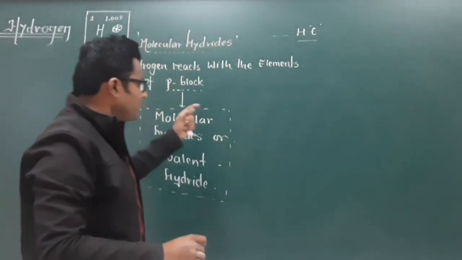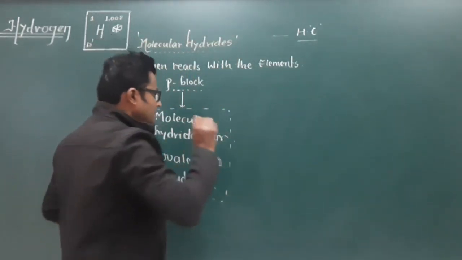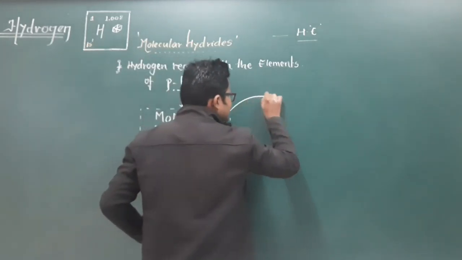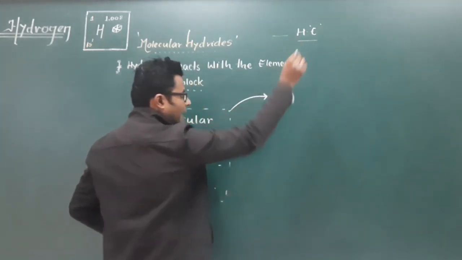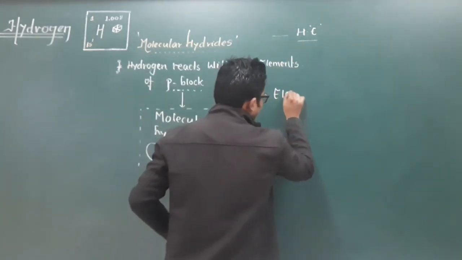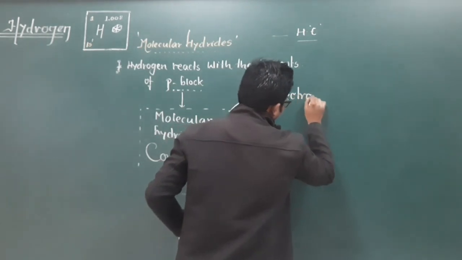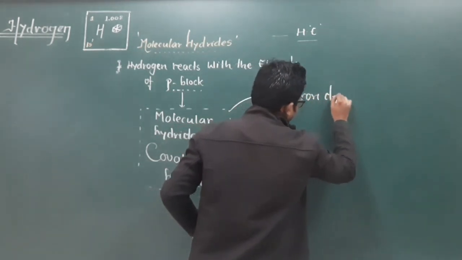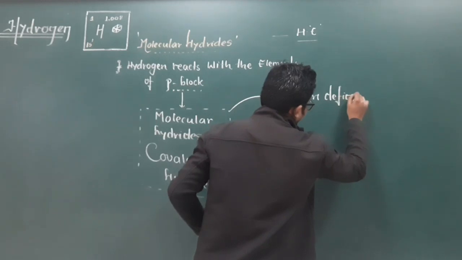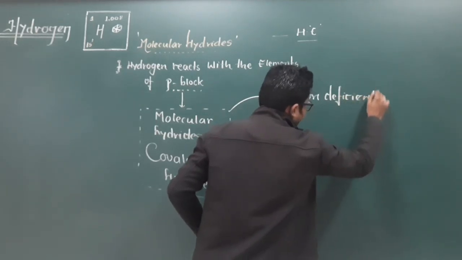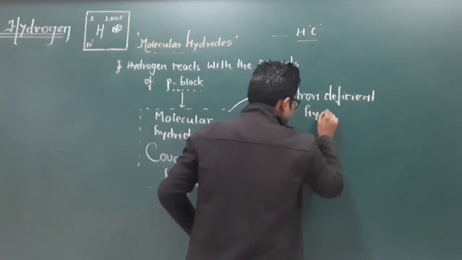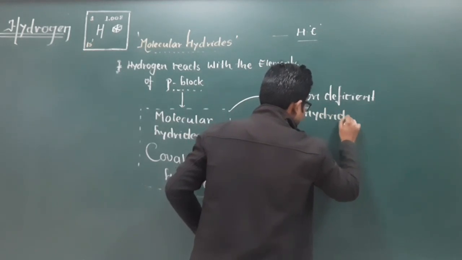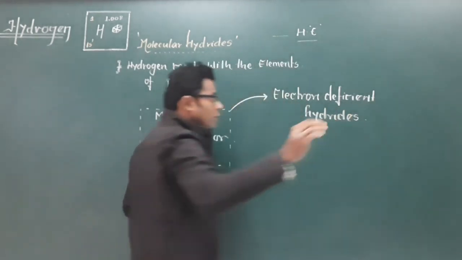Depending upon that, we are going to classify it into three categories. The first category is known as the electron deficient hydrides.